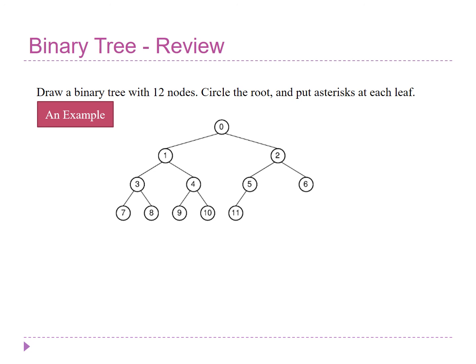This is a complete binary tree because every node except the last level is completely filled and at the last level, the nodes are aligned as left as possible. So, this is the root node. These are the leaf nodes because these nodes do not contain children.